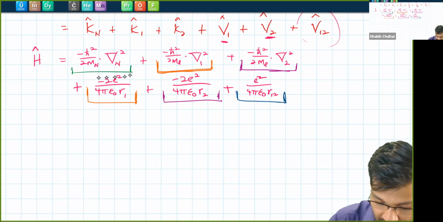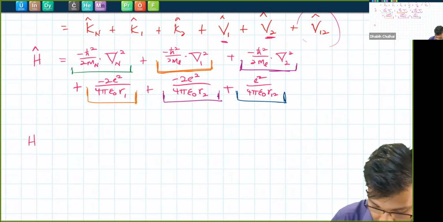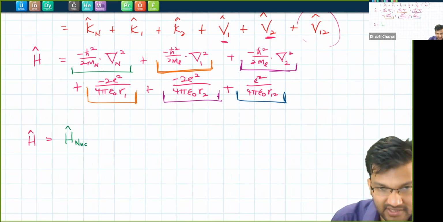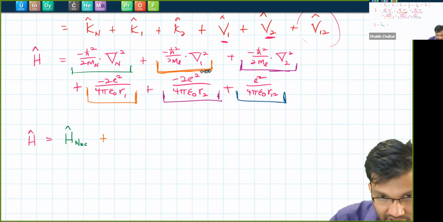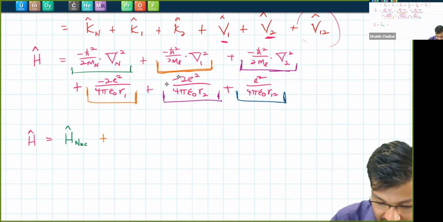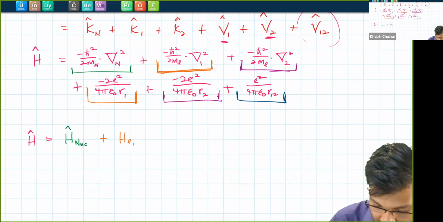So this green part, we'll call that the nuclear Hamiltonian. So the Hamiltonian is broken down to a Hamiltonian for the nucleus, right? That's the green part. It's just the kinetic energy of the nucleus. Plus, this is the kinetic energy of the first electron. This is the potential energy of the first electron and the nucleus. So I'm going to call that electron 1 Hamiltonian.